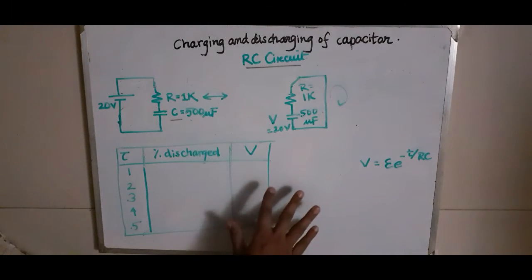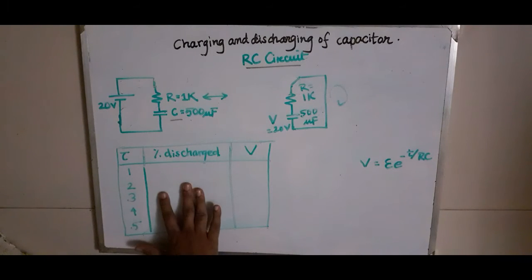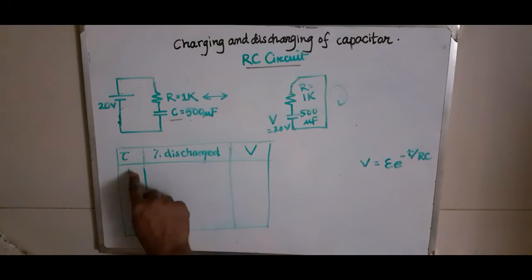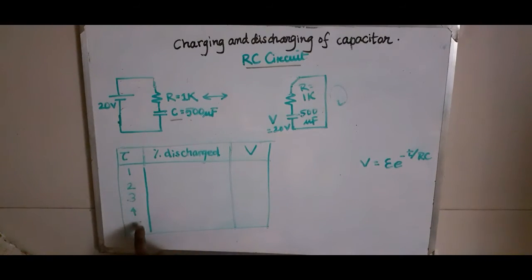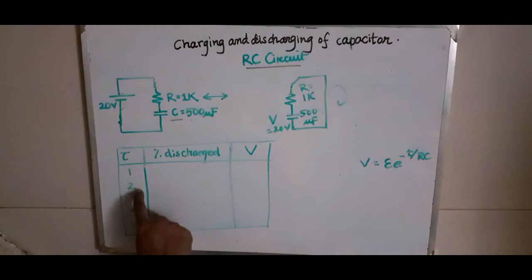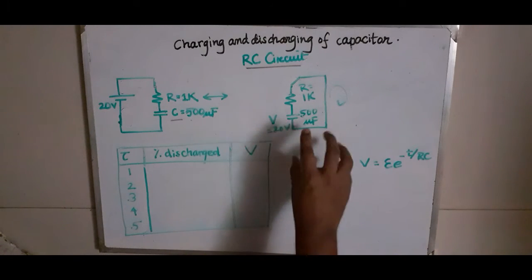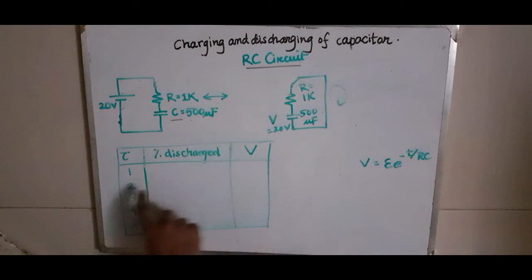As you can see, I have written down a table over here. I have written down 1 time constant, 2 time constant, 3 time constant, 4 time constant, and 5 time constant: 1 tau, 2 tau, 3 tau, 4 tau, and 5 tau, along with the percentage discharged and the voltage of the capacitor at each.